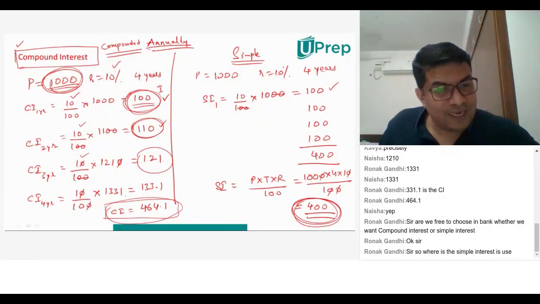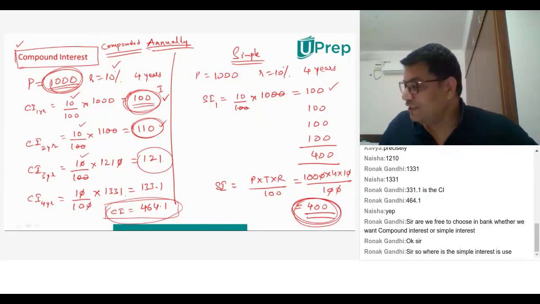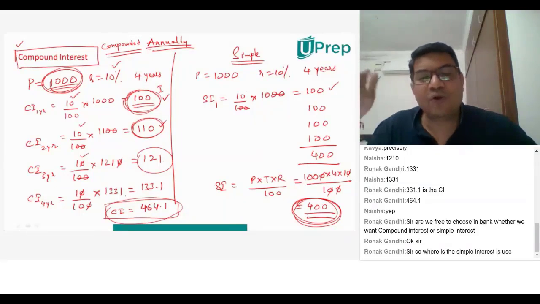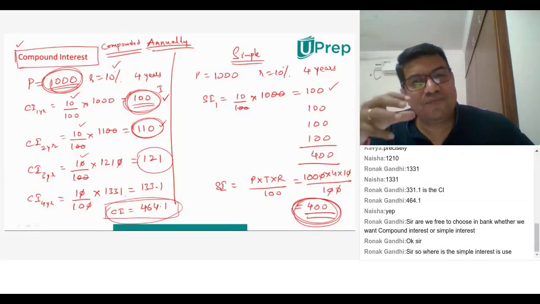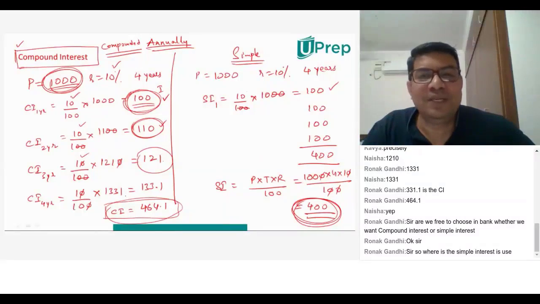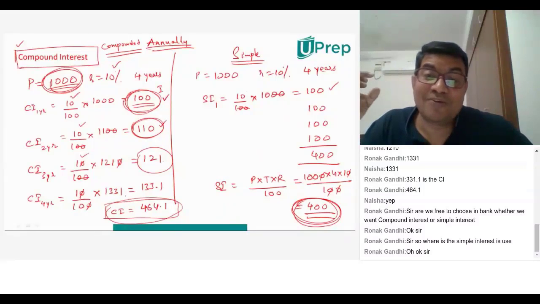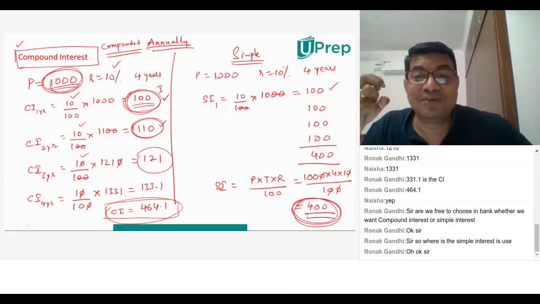So where is simple interest used? Simple interest is used by a lot of people in their personal lending. Friends end up taking loans from each other. They generally take simple interest. But when you take it from typical baniyas, you might have heard about Marwadis, Jains who give personal loans, private loans.